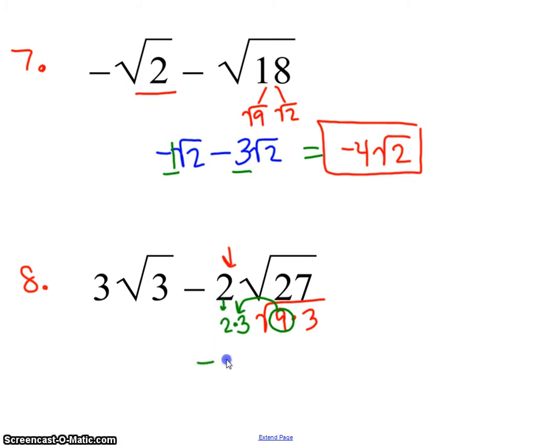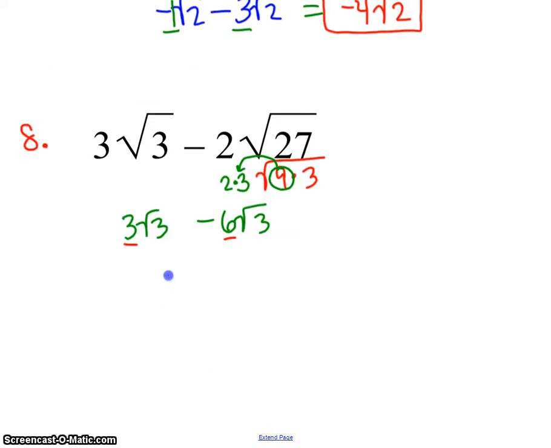So I have 3 square root of 3 minus 6 square root of 3. So again, when there's a number outside the root, you multiply it with the number that comes outside. Now I can combine 3 minus 6 to get 3 square root of 3.